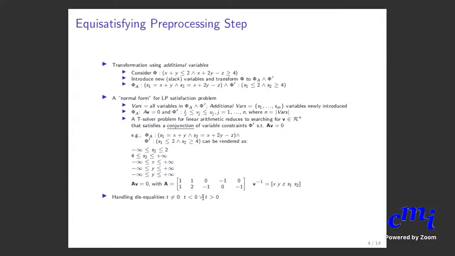These equations have to be preserved, and you have to check if there exists some instantiation for the X, Y variables so that the equation is preserved, and these constraints on the slack variables are preserved as well. Understand?